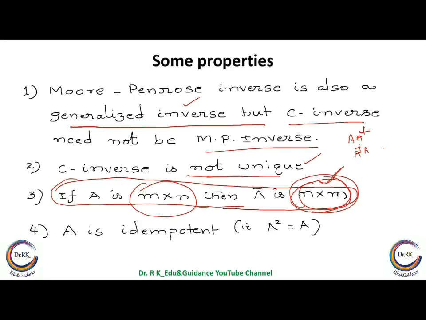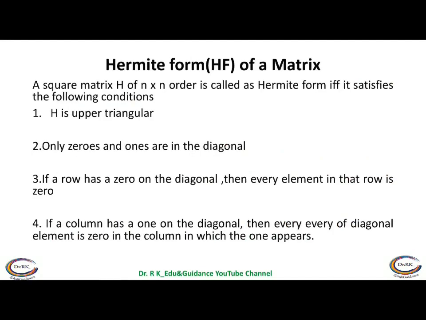So before discussing the process of finding C inverse, let us define one more term, that is Hermite form of a matrix. This is also an important term to remember. In most exams, in short questions, they ask you to define Hermite form of a matrix. So when can we say Hermite form?